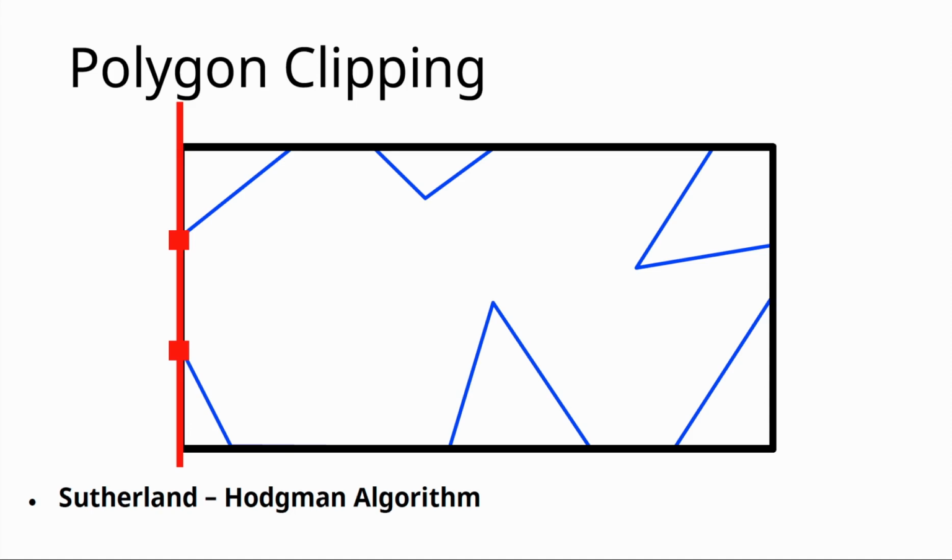Whatever is not going to be visible, you want to throw out those parts. But for now we have only looked at clipping with 2D windows, and these windows are mostly rectangular or square because the windows that we draw to on the screen are rectangular or square, right? You can think about how you will clip against arbitrarily shaped windows and see if you can think of a solution to that problem. Thank you.